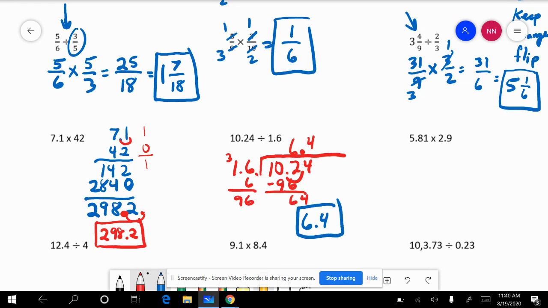Now looking at the next one, what I'm going to do is I'm going to take the 5.81 times the 2.9. 9 times 1 is 9. 9 times 8 is 72. 9 times 5 is 45. Plus 7 is 52.